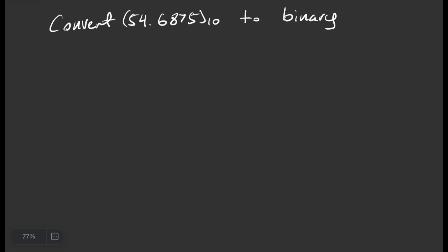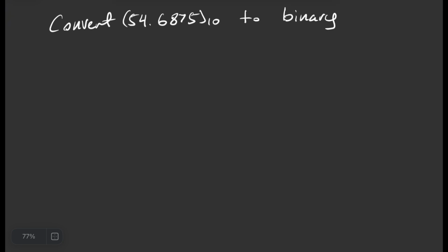For the whole number portion, we need to constantly divide by 2, or constantly divide by the base that we want to get to. And for the decimal portion, we're going to multiply by the base. And you're going to see how this all plays out.